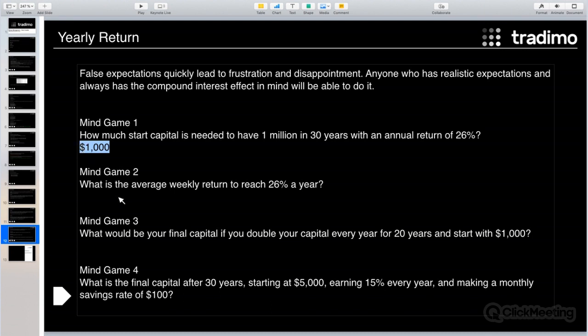So what is the average weekly return to achieve a yearly return of 26%? What do you think? So you need to make 0.1% per week, 1% per week, 0.5. Okay, okay, good.